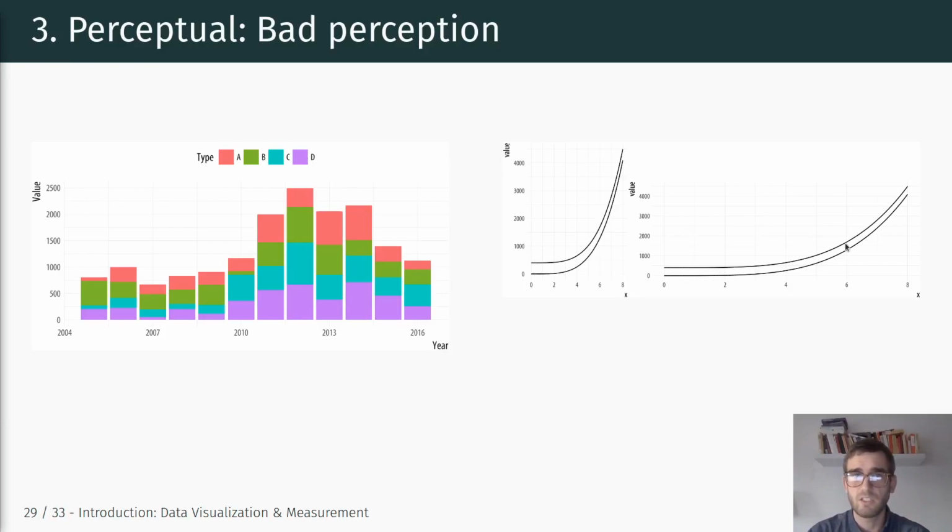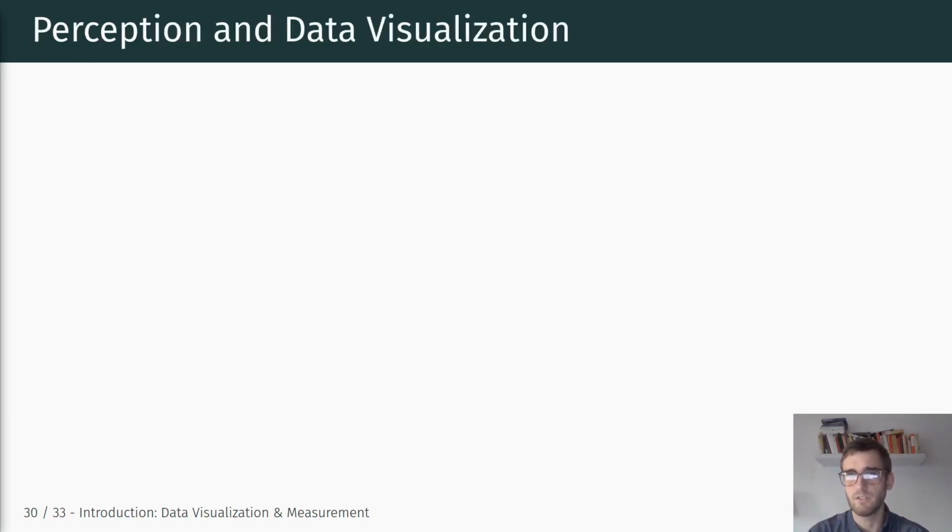So if you change the ratio, here you have much less of a perception of a strongly increasing exponential growth compared to here, right? So we have to keep in mind that by changing these ratios, we also change perceptions with regard to trends and so on, like how extensive these trends are. Okay.